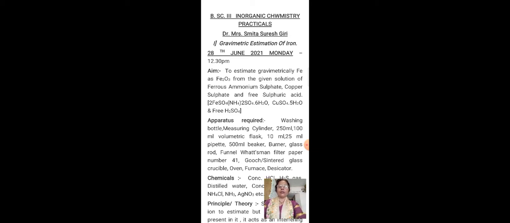That's why it is very important to get the proper instruments or apparatus. For this practical, we require a washing bottle to wash the product while filtering, a measuring cylinder to measure the appropriate quantity of the solution, a 250 ml and 100 ml volumetric gravimetric flask, a 10 ml pipette and a 25 ml pipette for the precipitate, a 500 ml Borosil beaker, a burner to heat, and a glass rod, with the precaution that the solution should not bump onto the body.